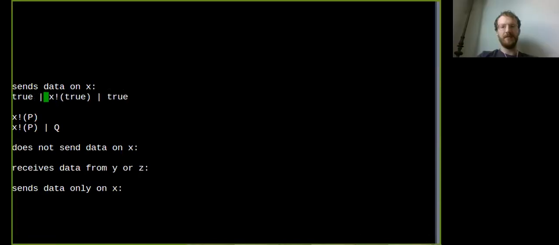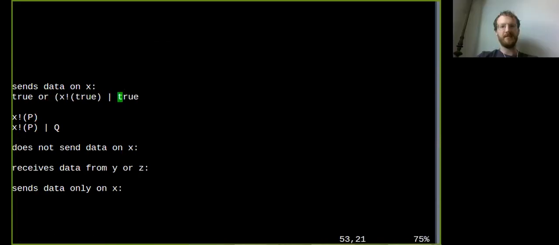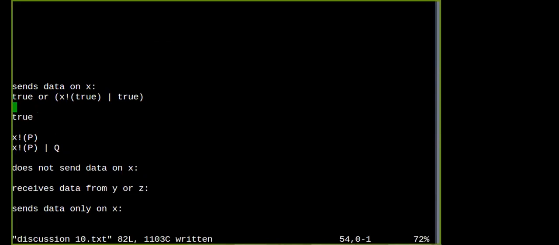So are you saying something like this? Yes. So that's just equivalent to saying true. True. That's everything. Well, not quite what I'm saying. I'm saying having something that evaluates to either true or false.